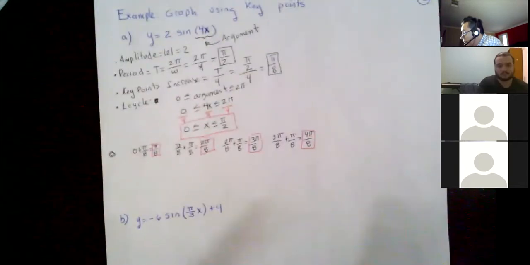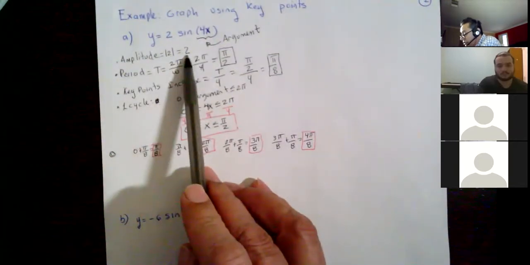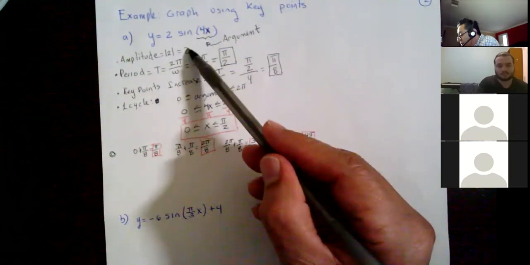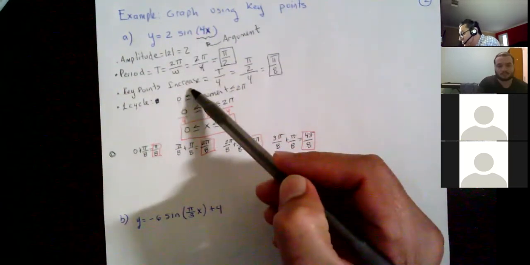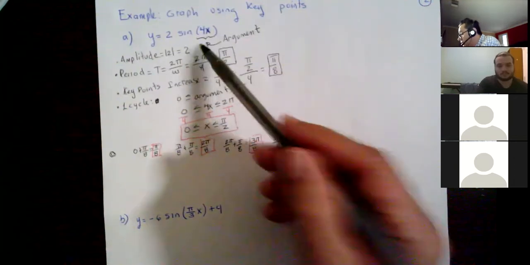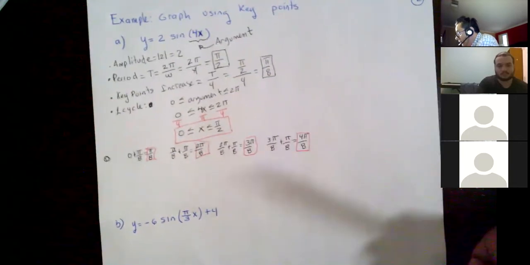So if we go back to the graph that we're gonna graph, since the amplitude here is 2, that means that I'm gonna go up 2 and 2 down. So the range is gonna be from -2 to 2, in other words. All right, so let's give it a try.